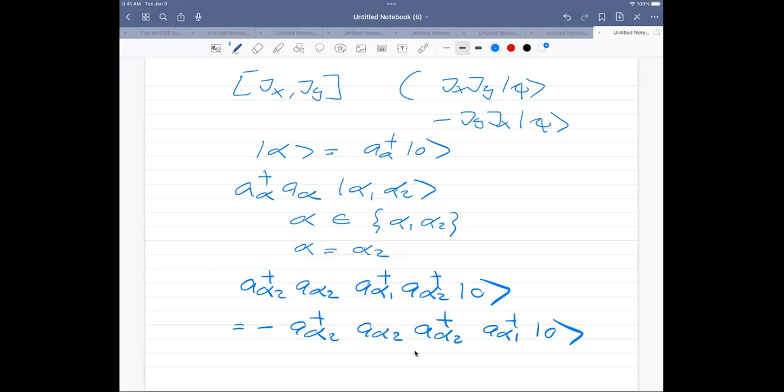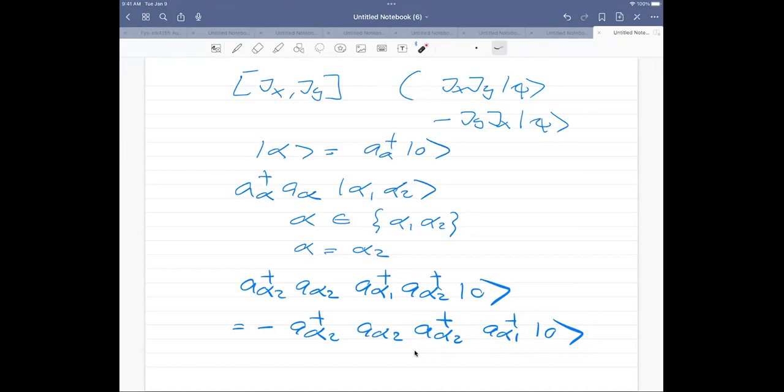Now, the notation here means that alpha 1 acts on zero and creates a state alpha 1, but it means also later that alpha 2 also acts on zero. So it's not only alpha 1 acting on zero, but also alpha 2.